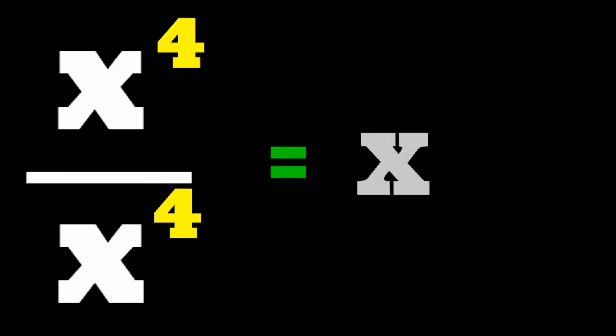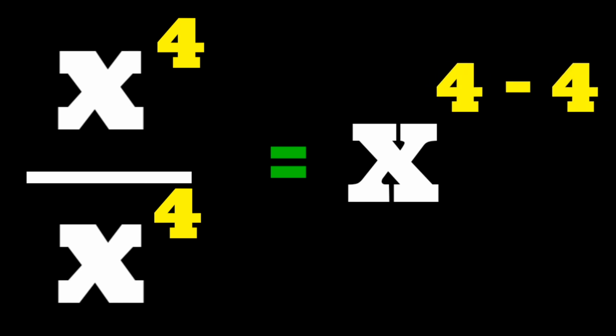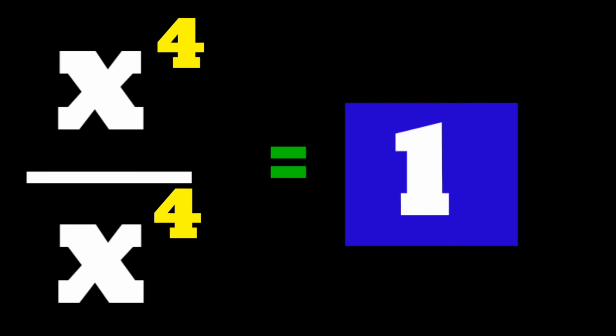Division rule: copy the base x and subtract exponents, 4 minus 4 equals 0. And x to the power of 0 is equal to 1.